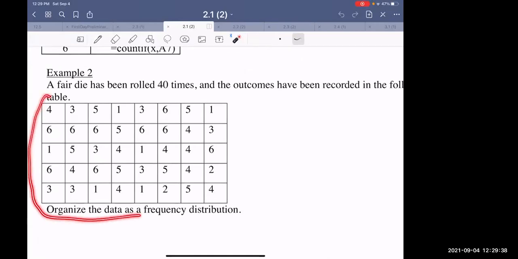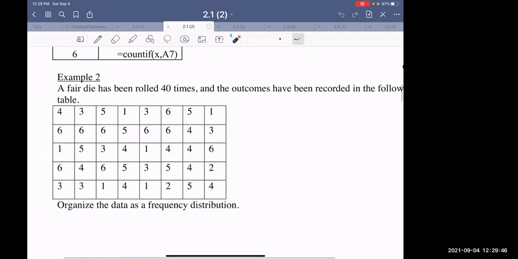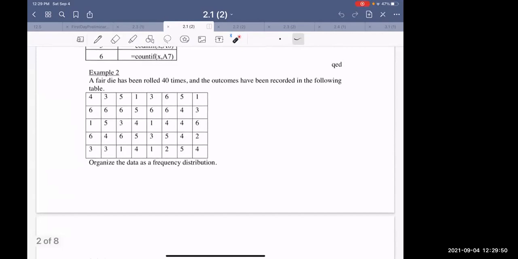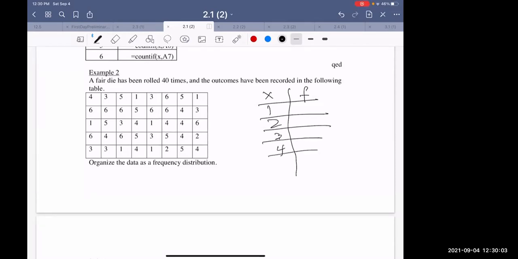To organize this in a frequency distribution, I would do the following. So it's 1, 2, 3, 4, 5, 6.